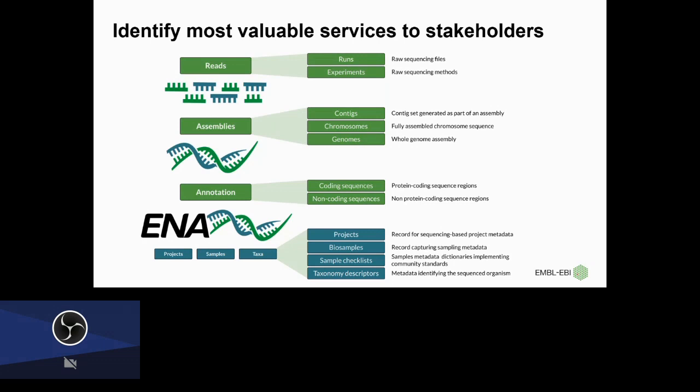And your in-depth analysis goes in the annotation category: annotating coding sequences, non-coding sequences, etc. The dark blue boxes down there are the metadata model I just talked about in the previous slide, which helps you locate and identify the data.